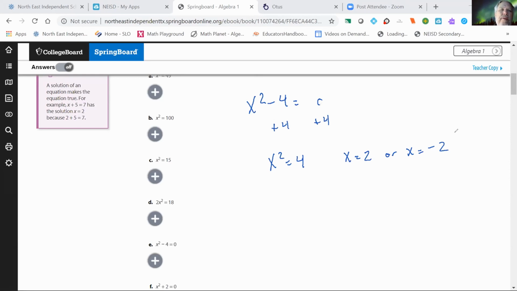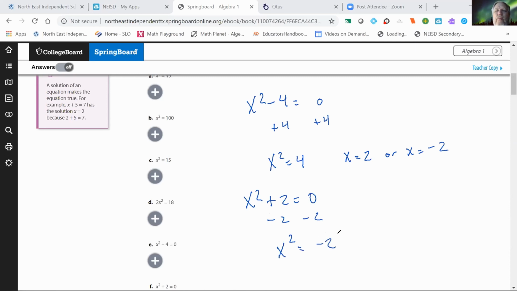And so the last one, F, we look at that, and it's not a perfect square, but we can still do it. We have x squared plus 2 equals 0. We subtract 2 from both sides. And actually, I don't think we can do this because we're going to end up with an imaginary number. We end up with x squared equals negative 2.